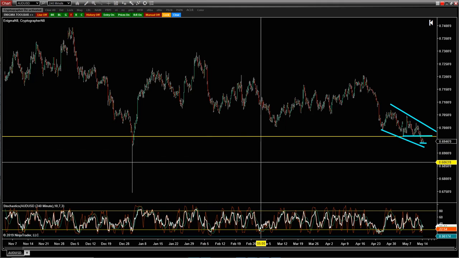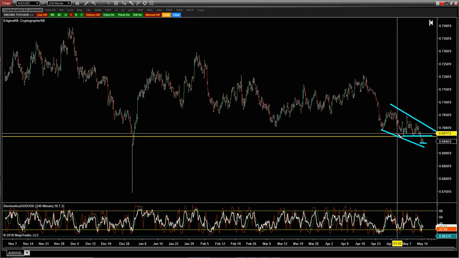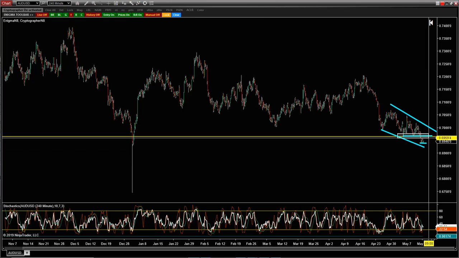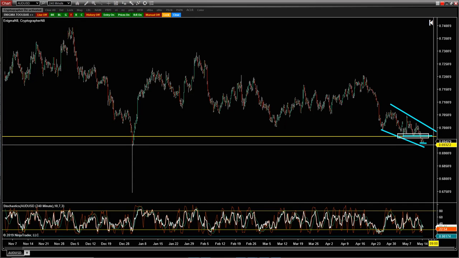So if you're taking a trade based on this structure, you're dealing with a minor level of structure. Again, that doesn't mean that you can't take the trade. Obviously, you can take it, but understand that we're not dealing with a major level of structure.